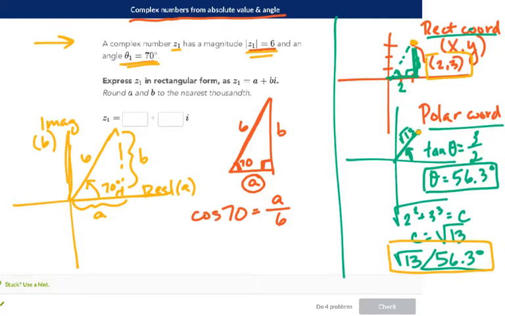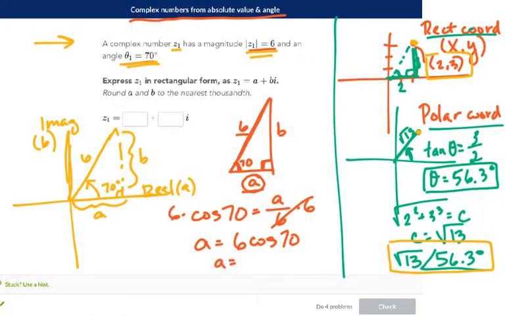So I just chose to use my cosine. So cosine of 70 is the adjacent side over the hypotenuse. To solve this, I'm just going to multiply 6 on each side of the equation to get rid of it on this right side. So these cross out. I'm going to put the A on this side. So it's going to be A equals 6 cosine of 70 degrees.